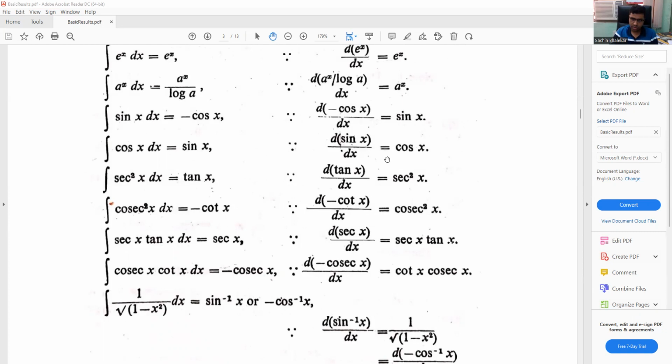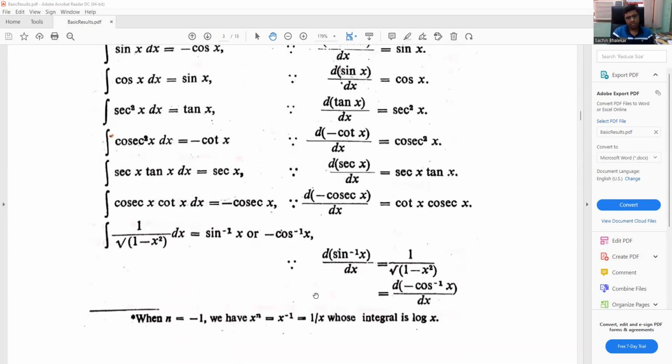So using all these derivative formulas, integral of sec x tan x is sec x. Similarly, integral of cosec x cot x is minus cosec x. Now these are inverse trigonometric functions.